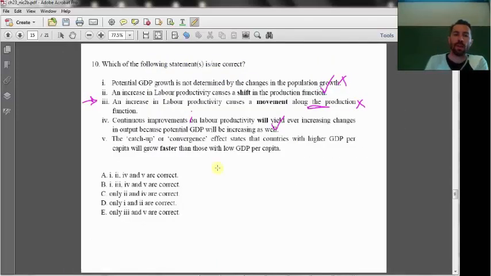So, number 5, what tends to happen with catch-up is that countries with high GDP per capita tend to grow slower than those with low GDP per capita. So number 5 is incorrect.